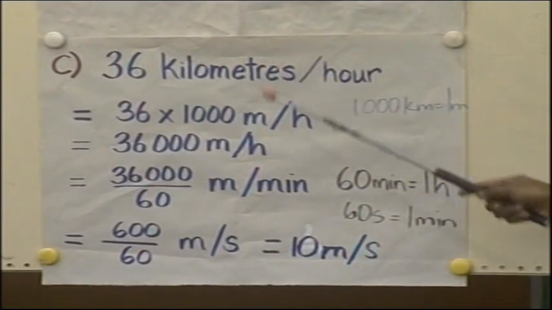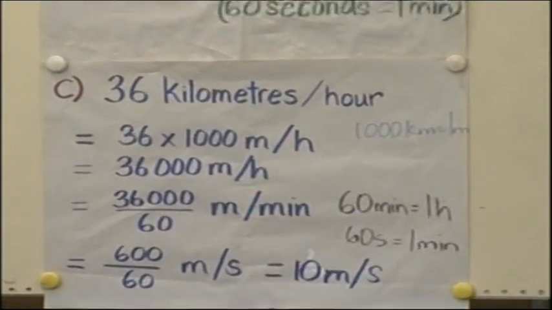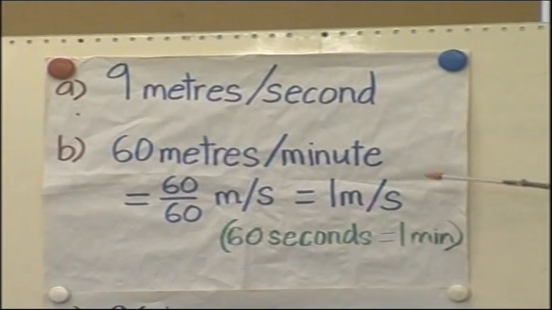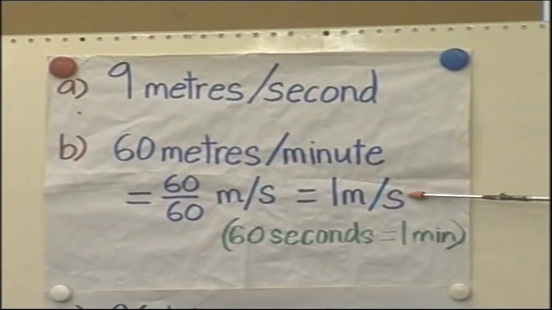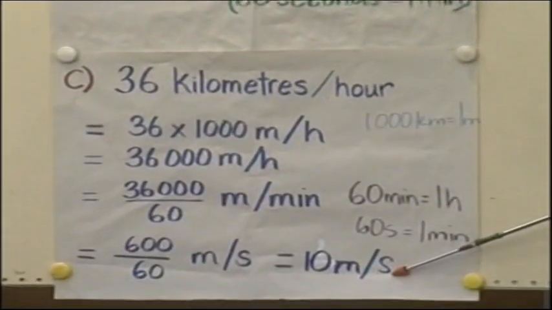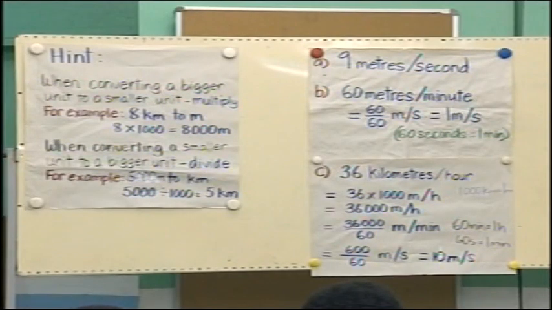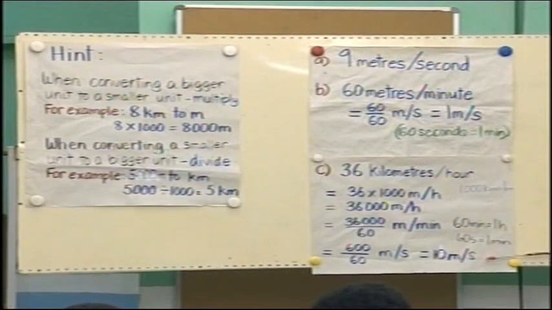So you see, I already changed this into meters per second. Now you can compare 9 meters per second, 1 meter per second, and 10 meters per second. Which speed is faster? A, B, or C? C. 10 meters per second. Okay?